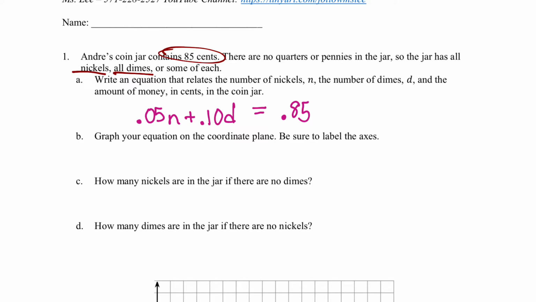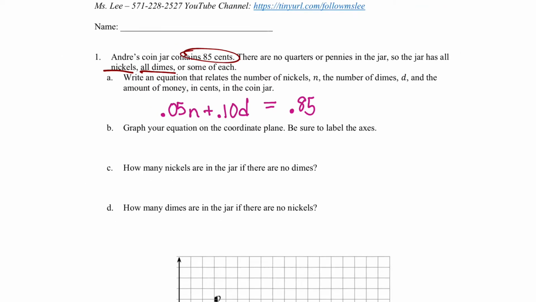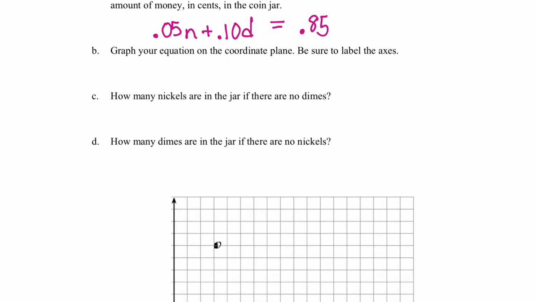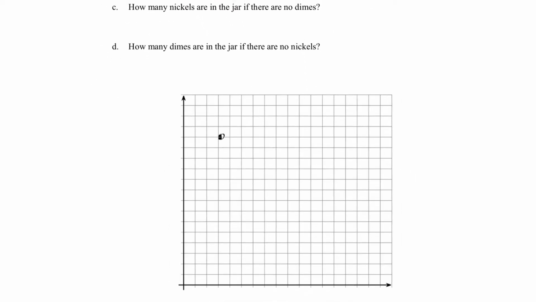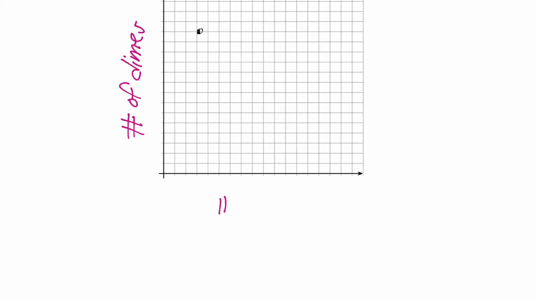All right, so then it says to graph your equation on the coordinate plane, be sure to label the axes. In order to graph this, I'm going to go ahead and find my x-intercept and my y-intercept. I'm going to say that my N is the x. So let's make this number of dimes, and let's make my x-axis number of nickels.